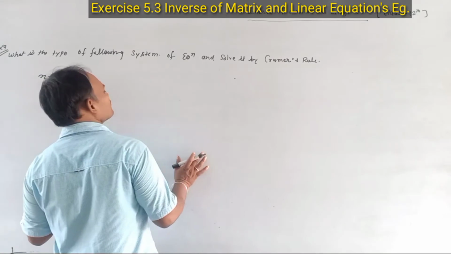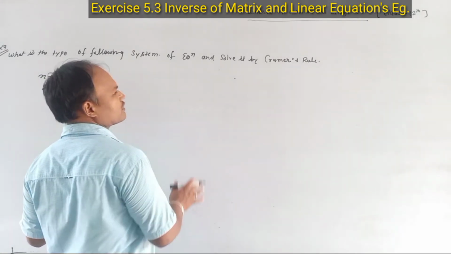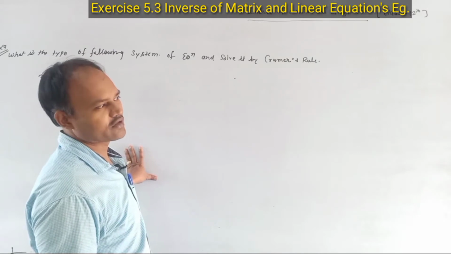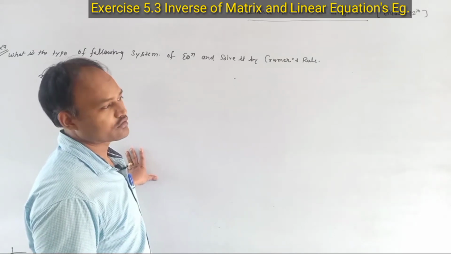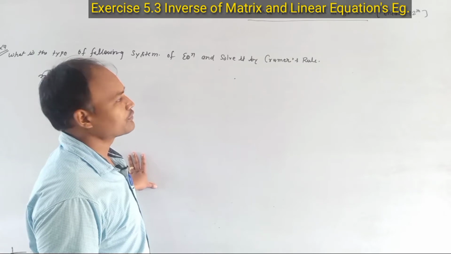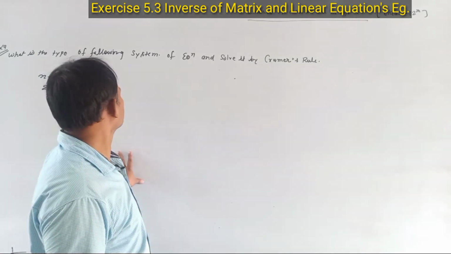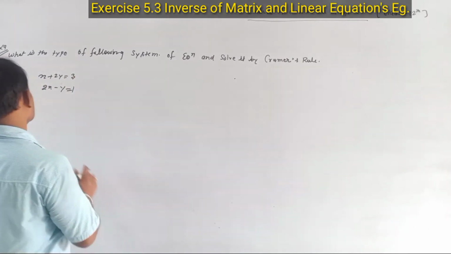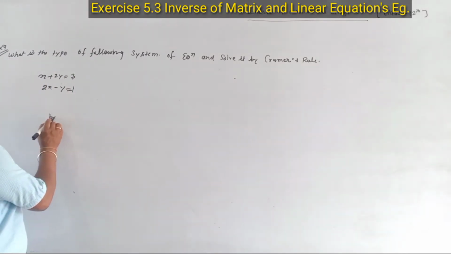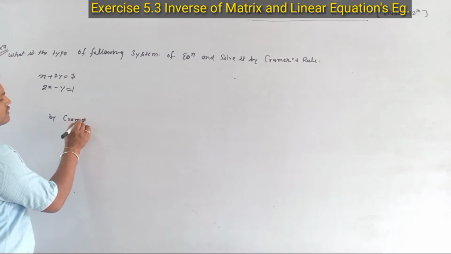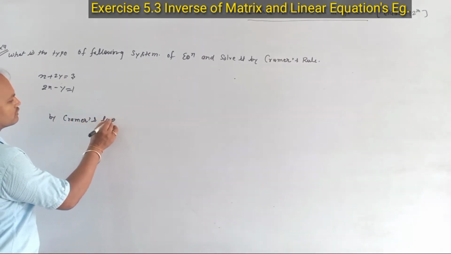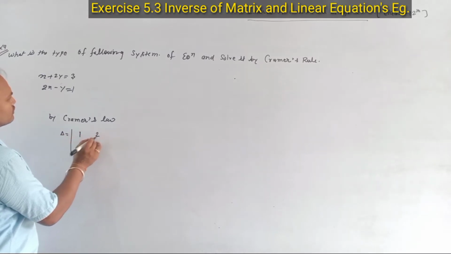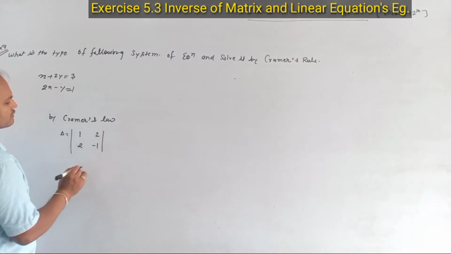In the previous video I told you about the system of linear equations. There are n types of it, so n conditions also. So we have to think about it. Firstly we are going to find delta, delta 1 and delta 2. By Cramer's rule, delta equals the determinant 1, 2, 2, minus 1.